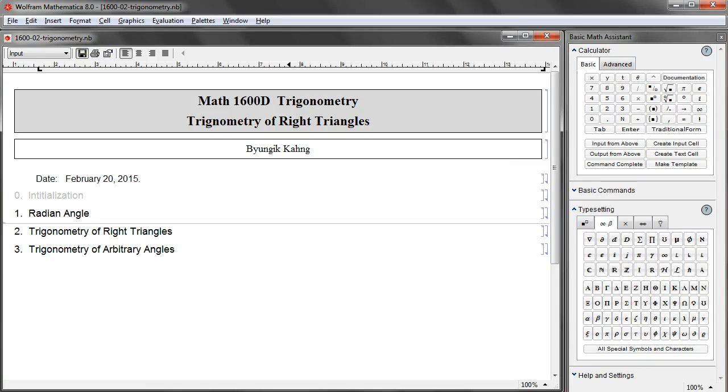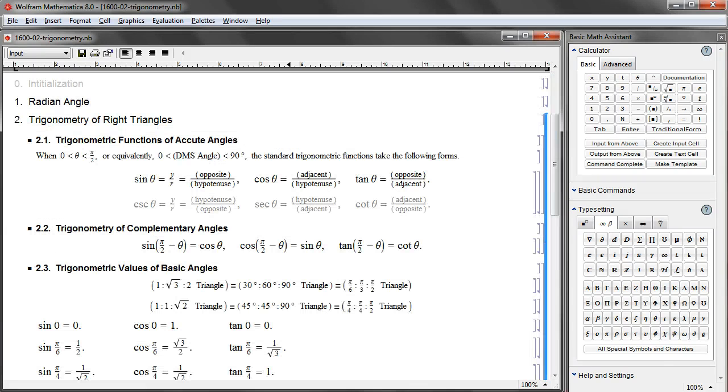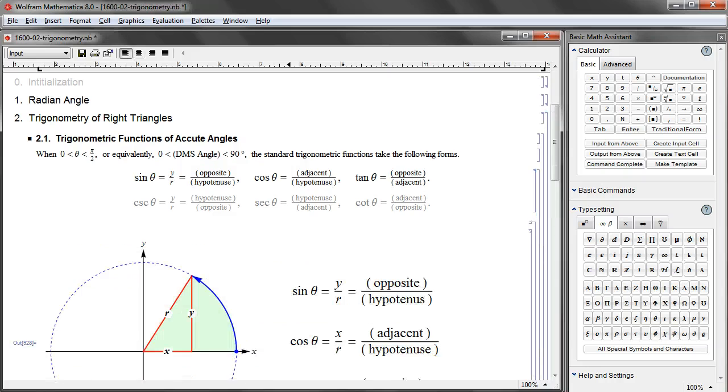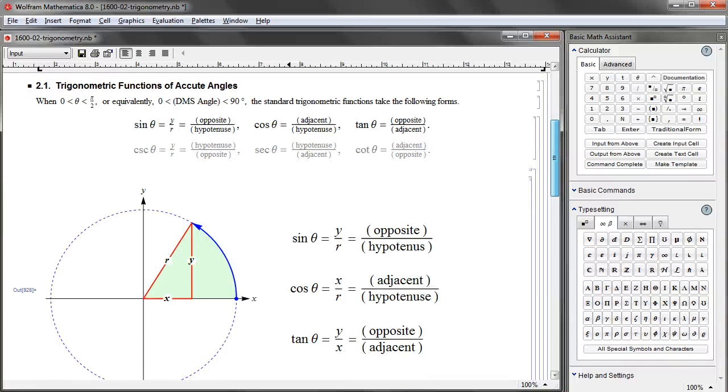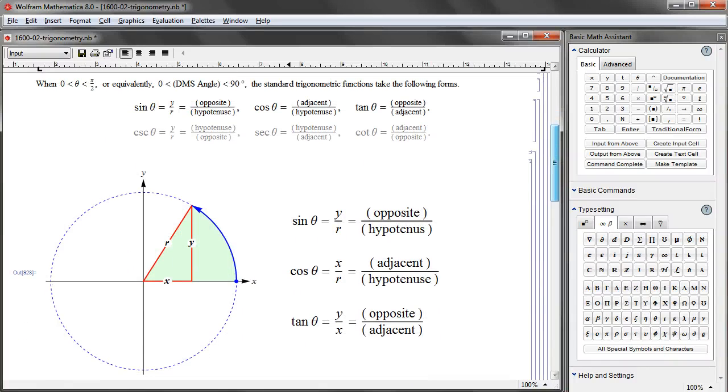And now let's move on to the trigonometry of right angles. This is the definition of the trigonometric ratios of the acute angle, where the angle is between 0 and pi over 2, or equivalently in terms of DMS angle, between 0 and 90 degrees.